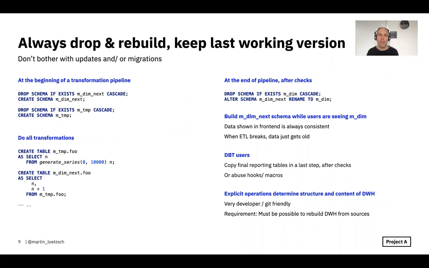These pipelines will then have their own schemas, so that you can run them independently and also test them independently. This pattern is not friendly for restarts, right? So if you restart a pipeline, you start with dropping the schemas and rebuilding them.